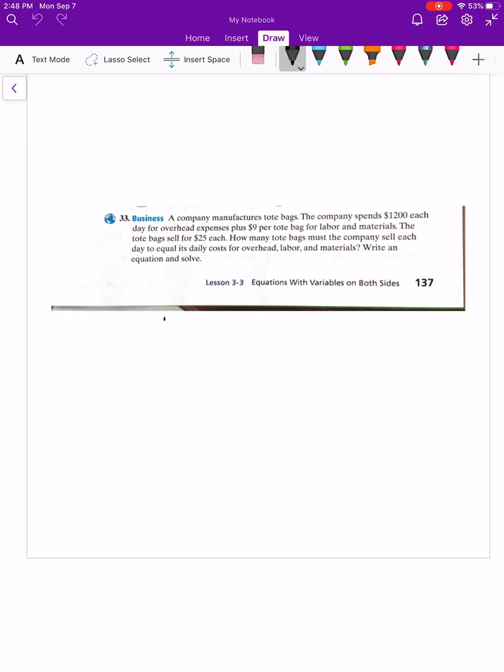So this one is going to be expenses on one side and how much they sell for on the other. They want to know, write an equation to solve how many tote bags. So where you see tote bags is the X. So expenses.